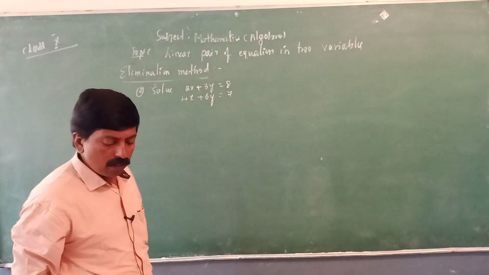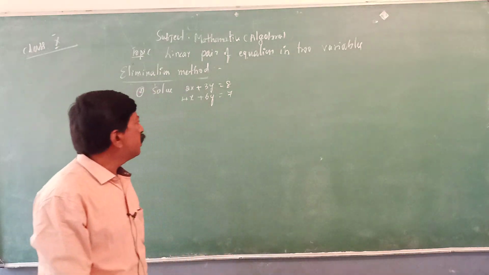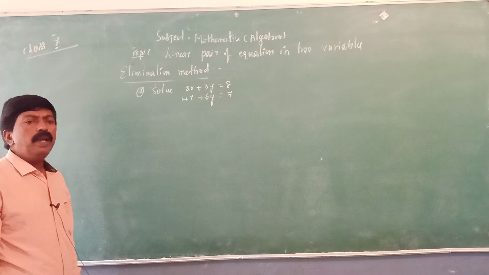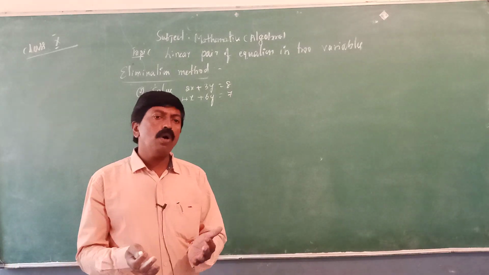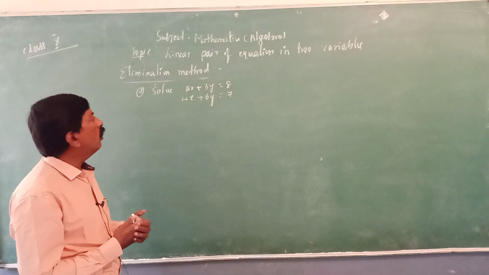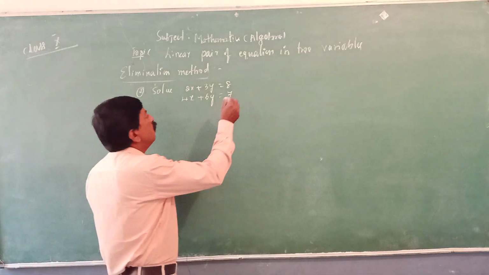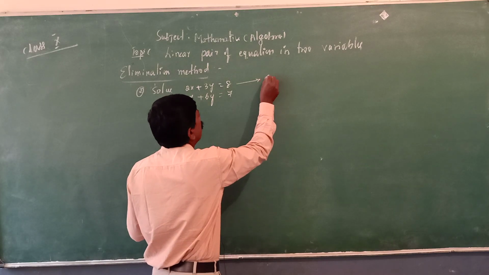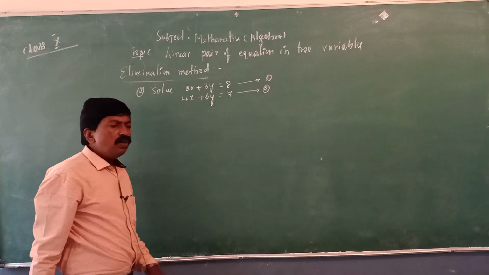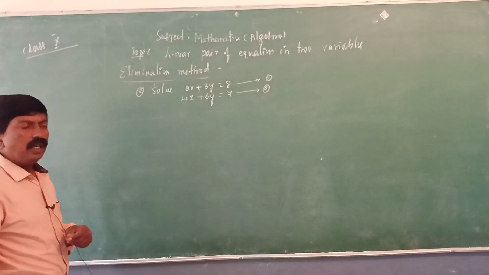Now observe here, the coefficients of no variable are equal. You can make them equal, the numerical coefficients must be equal. For that, let us assume the first one is equation 1 and the second one is equation 2. So you can eliminate the y variable.